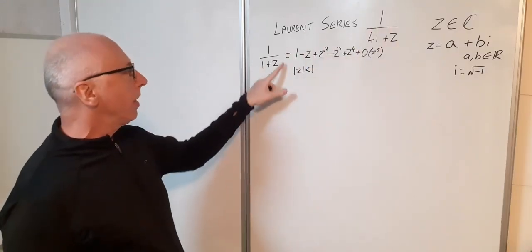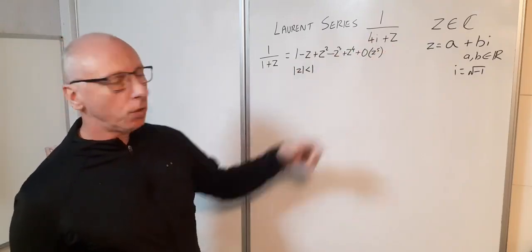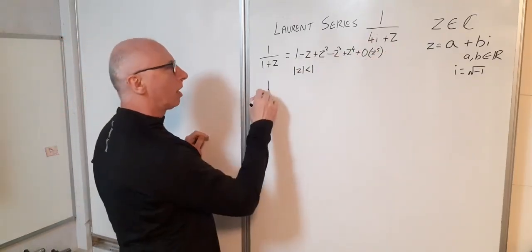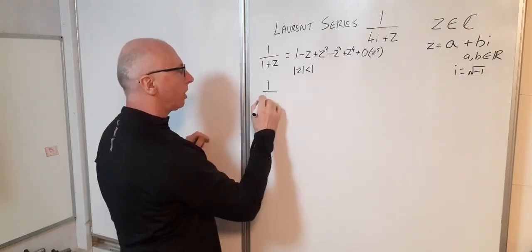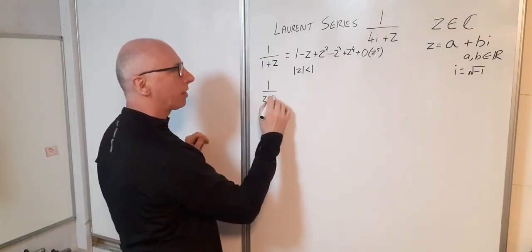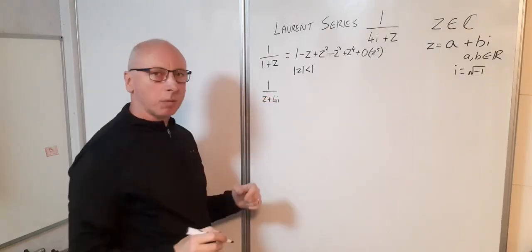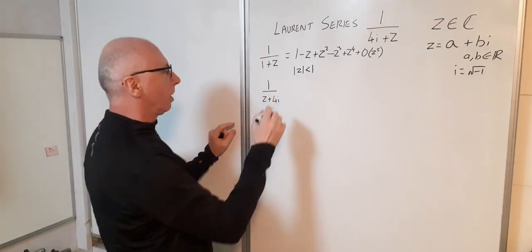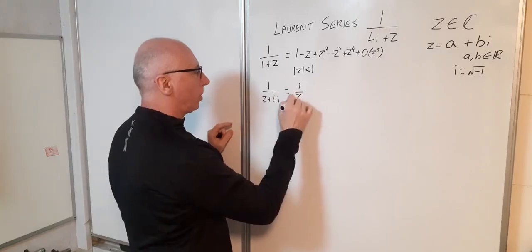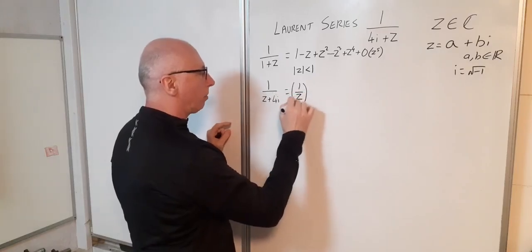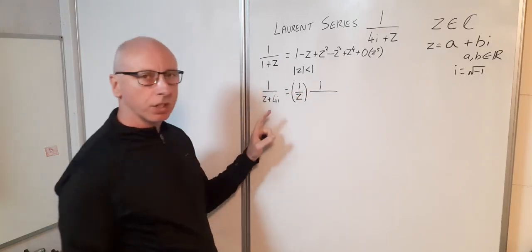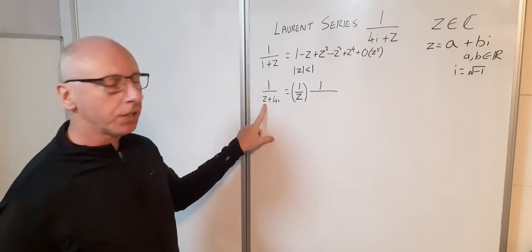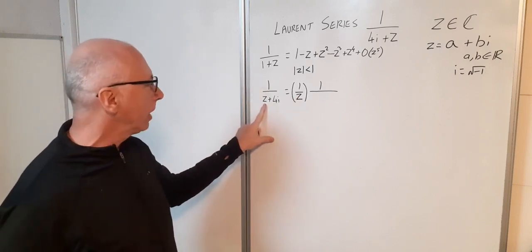So now I want to get this into that kind of format. So let's just go through the steps. First of all, I'm going to bring my z to the left hand side of my denominator, because what I'm going to do now is factor out a 1 over z. So then I've got 1 over z, and then I'm going to write another fraction with the z factored out in the denominator.